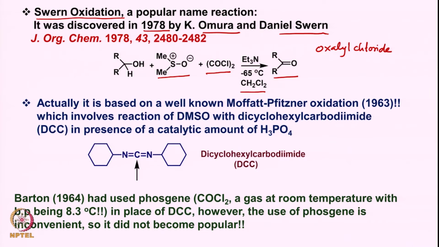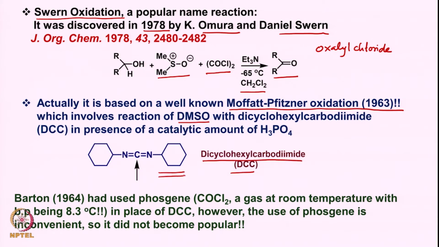Now, this oxidation is actually based on a well known oxidation called Moffatt-Pfitzner oxidation, which was discovered in 1963, which involved reaction of DMSO. So, all of them are DMSO based oxidations, and they react with dicyclohexylcarbodiimide. This is the structure of dicyclohexylcarbodiimide.